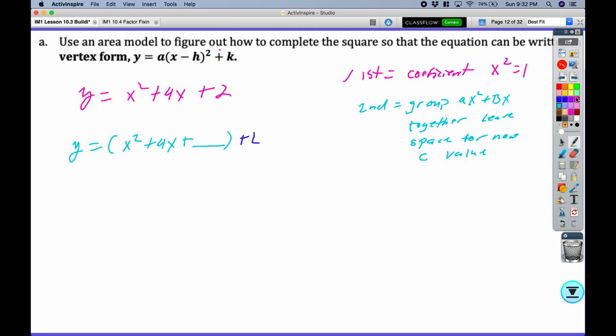All right, so now what we're going to do here is we are going to complete the square. So it's basically saying let's find the c value to complete the square.